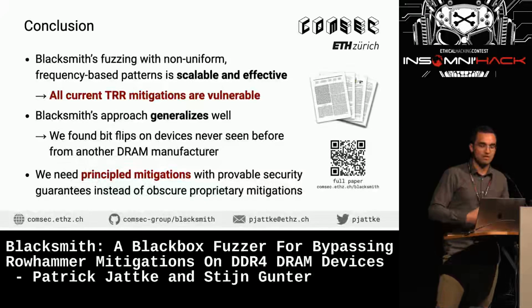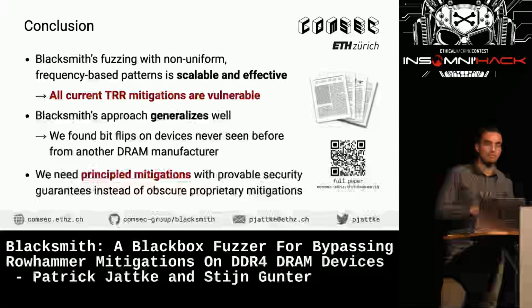That's a mitigation called ProTRR that basically is the first in-DRAM mitigation. So it's really in the DRAM chip and comes with provable security guarantees. My colleague basically built a formal model showing that this mitigation is safe against any kind of Rowhammer attack. So he constructed what could be considered the best theoretical attack, and then showed that the mitigation can withstand it.